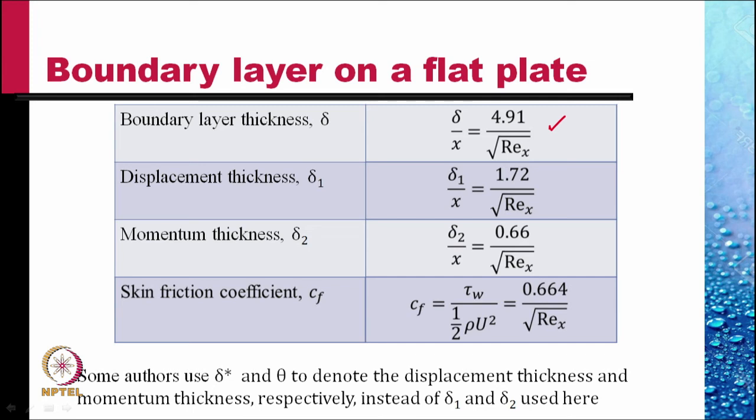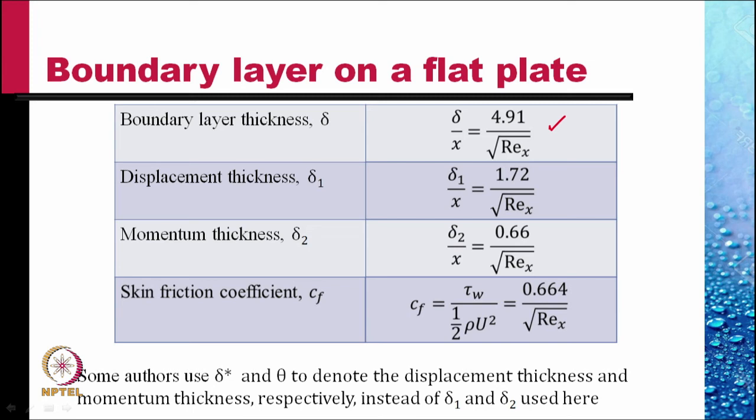0.664 divided by root Rex. And the skin friction coefficient, which is defined as tau W divided by 1/2 rho U square, is obtained as 0.664 divided by under root Reynolds number. The skin friction is obtained here as mu times du by dy, which was obtained in the last class as 0.664 divided by under root Reynolds number times 1/2 rho U square.